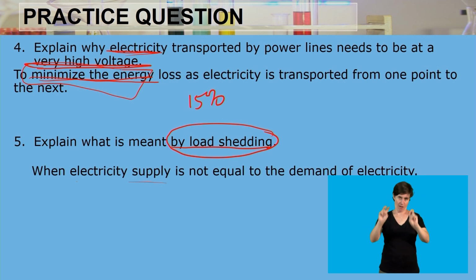So if the electricity being transported is not enough, we need to institute load shedding, where we ration the electricity supply to make sure that each region at least gets some electricity for a certain period of time.